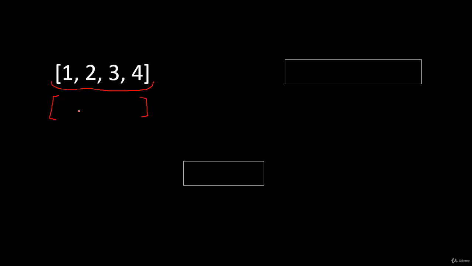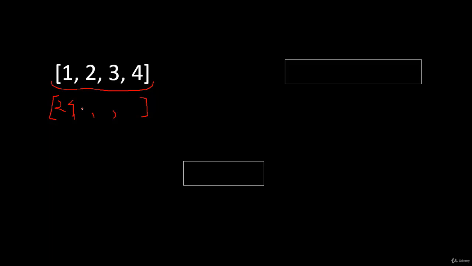Here we create an array of the same length as the given array, and at the 0 index of this new array we should have 2 times 3 times 4 except the element at 0 index, and it becomes 24, right? Because 2 times 3 times 4 equals 24.